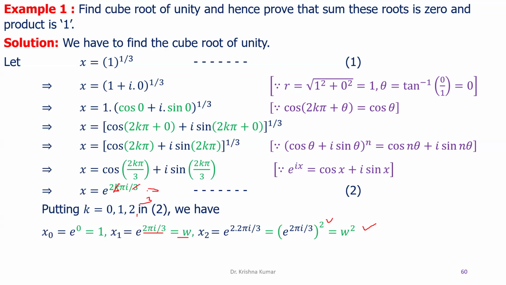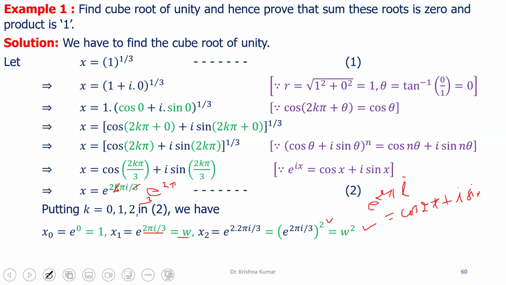We get e to the power 2 pi i, which gives us cos 2 pi plus i sin 2 pi, which is equal to, cos 2 pi is 1, so 1 plus i times 0. What does it mean? It means the value is 1. So if you put k equal to 3, we again get the value equivalent to x0.